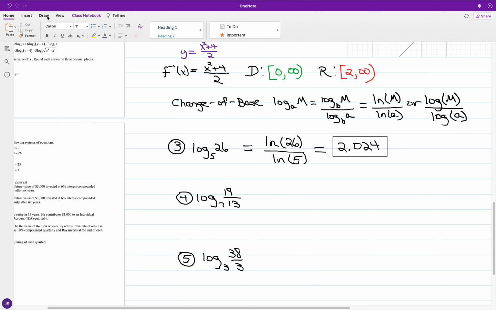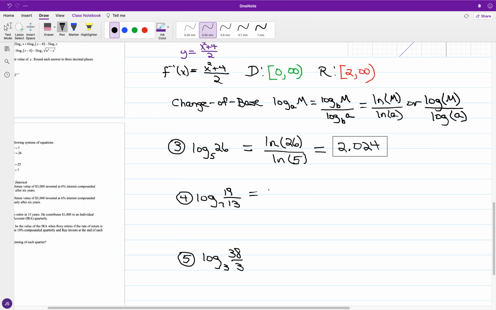Now in the case of the base 7 logarithm of 19 over 13, again you can either use natural or base 10 logarithms, and let's go with base 10 on this one. So you have the base 10 logarithm of 19 over 13, over the base 10 logarithm of 7.